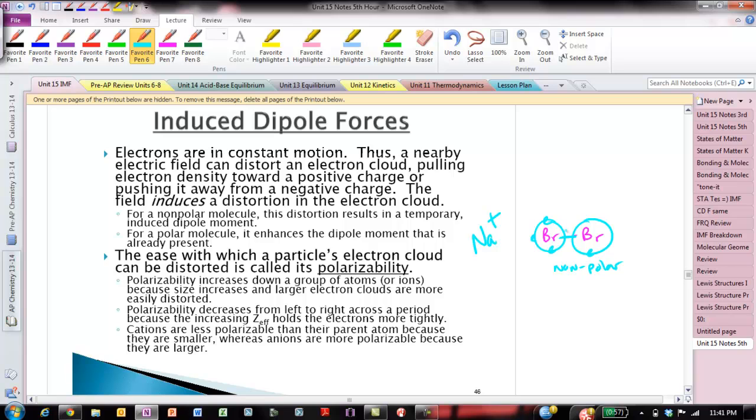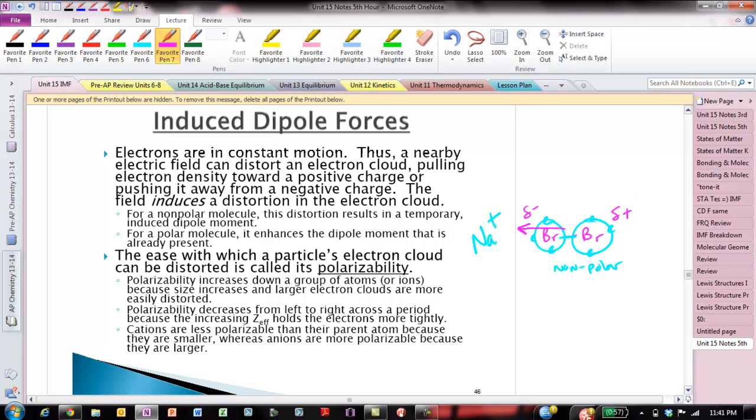These are our shared electrons. But what this plus is going to do is attract the electrons. It's going to drag the electrons towards this side. Even though with the Br and the Br nobody's necessarily winning in that war for electrons, the Na+ is going to induce this to become a polar molecule. It's going to pull those electrons over toward it and make this partially negative, which would leave that partially positive, because the electrons were attracted to the Na+.